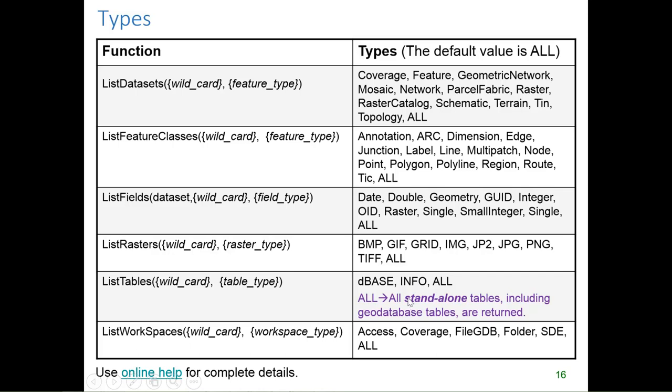You'll notice that your shapefiles, for example, have a DBF associated with them. If you do ask to list DBase files, it will not list non-standalone files that go along with a shapefile. All of these have only optional arguments with one exception, and that's list fields. We'll get into that a little bit later.